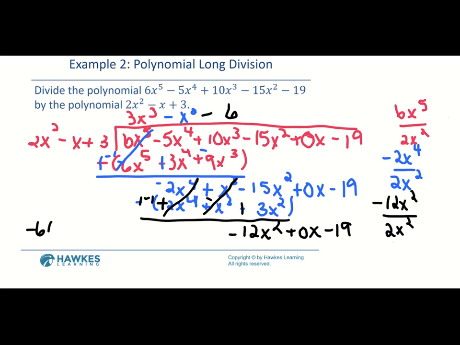Negative 6 times 2x squared minus x plus 3. That will give me negative 12x squared plus 6x minus 18. But then we have to distribute, so that negative 1, so that becomes a positive, that becomes a negative, and that's a positive.